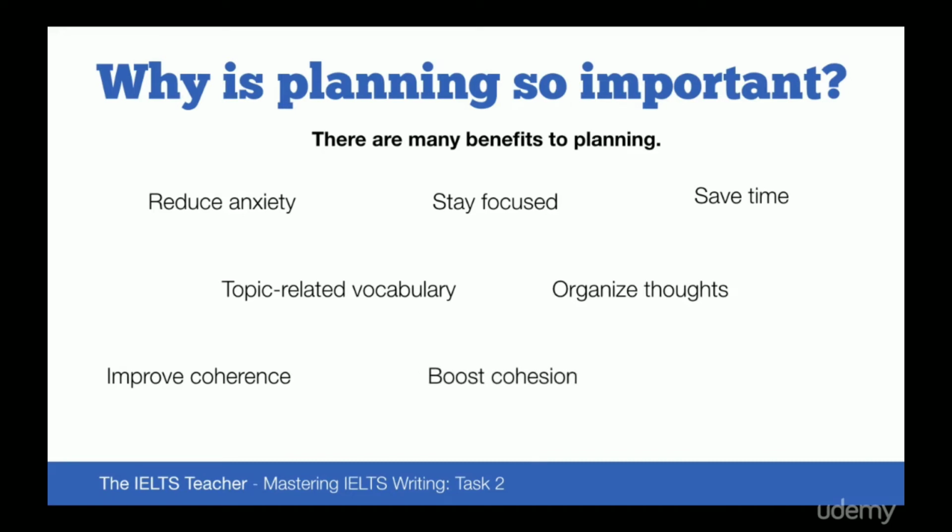It can also boost that cohesion. A third point to make here, we will be able to link our ideas much more cohesively if we plan our work. And finally, it helps us to spot little errors. Maybe we make an error in the plan, but when we come to the writing, we will notice that error and be able to correct it.